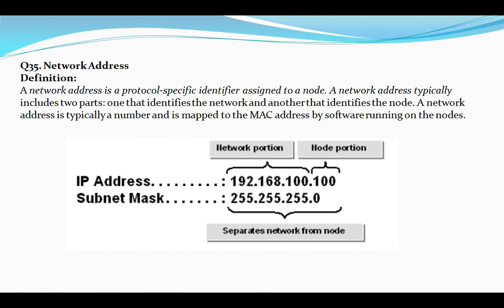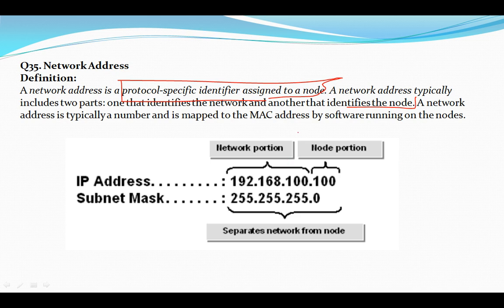Now next question, network address. What is a network address? A network address is a protocol-specific identifier assigned to a node. It is used to identify the nodes on the network. A network address typically includes two parts: one part identifies the network and another identifies the node.